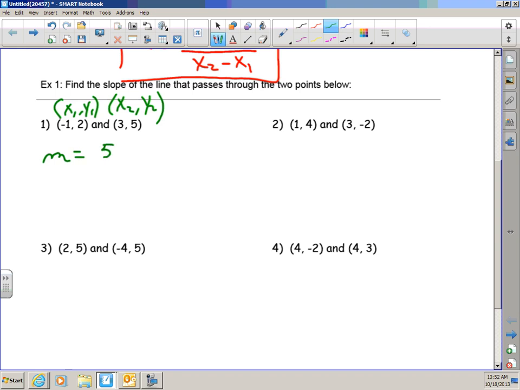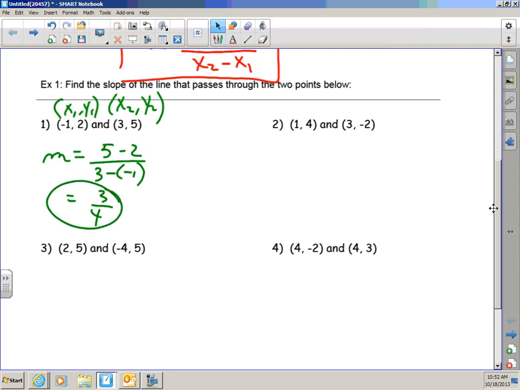So I'm doing 5 minus 2 over 3 minus a negative 1. So my slope is 3/4. I'm not going to go through it, but just to remind you, I did this in class. If I switch the order between both pairs, not one, I get the same answer. Okay?